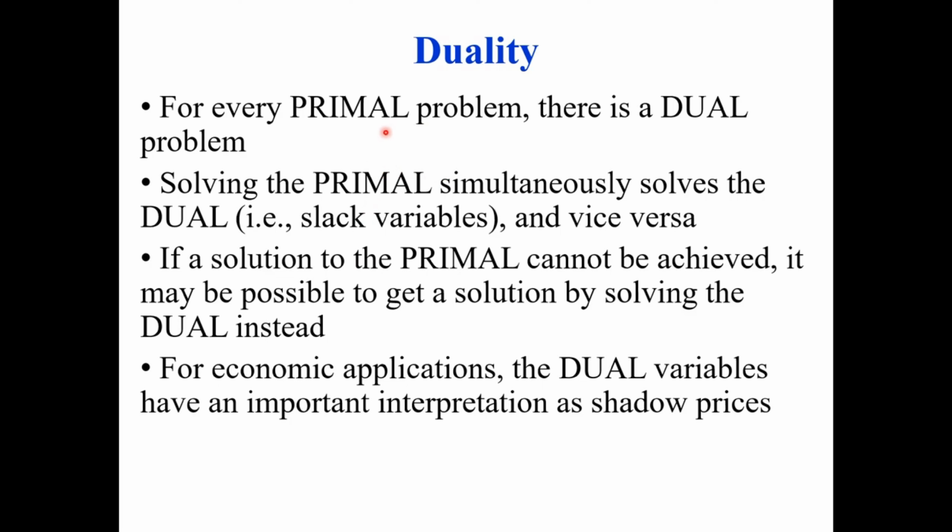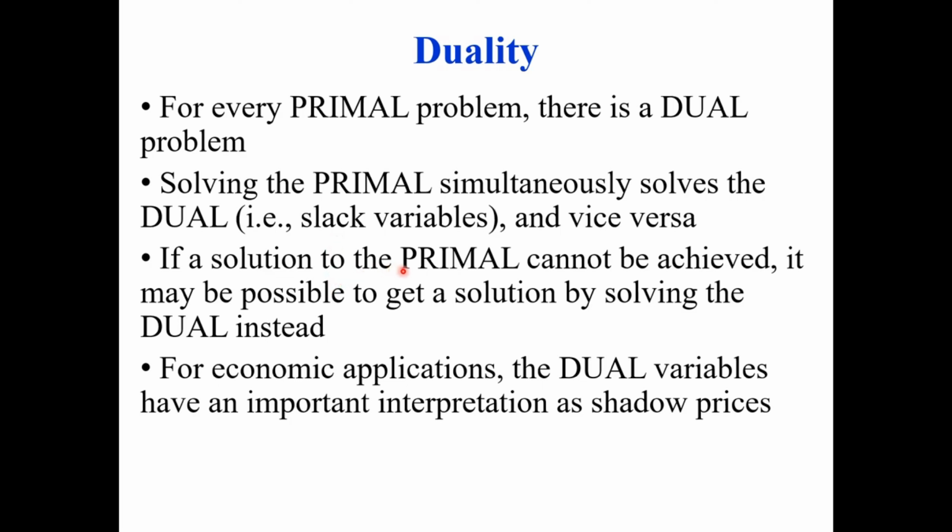For every primal problem, and so far we've constructed primal problems only, there is a dual problem. Solving the primal simultaneously solves the dual. In other words, the dual constitutes these slack variables, and vice versa. So if we solve the dual, we also solve the primal. There are cases where it's not possible to solve the primal problem, but you can solve the dual problem, and vice versa.